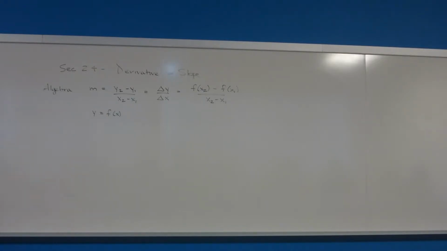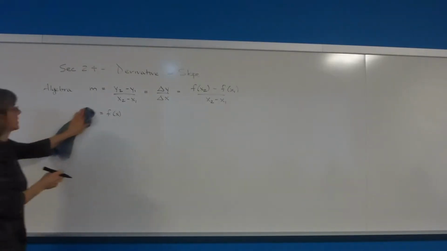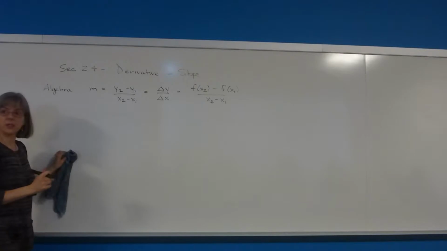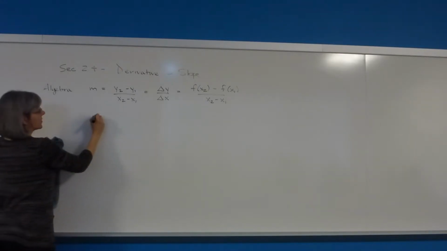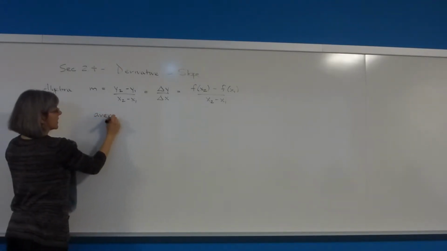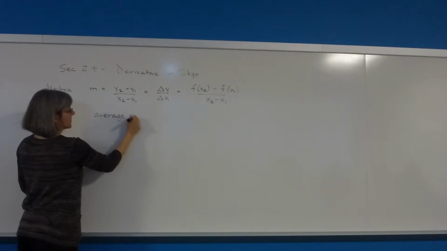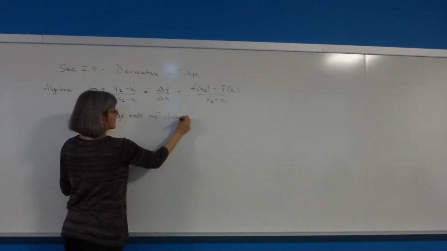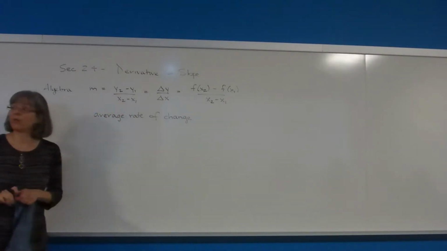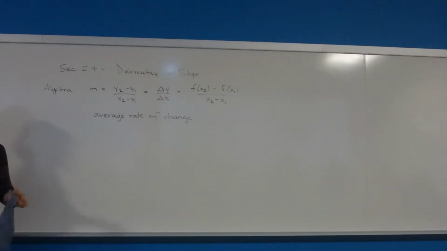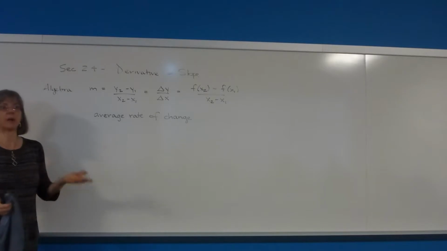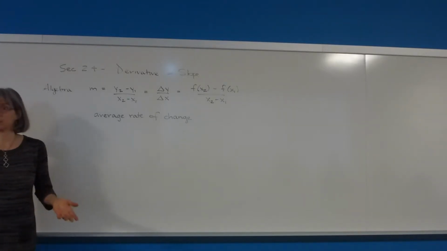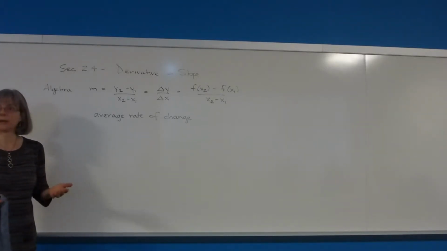Okay, so let me introduce some new language, though. We said that this is slope. This is also average rate of change. If you want to know how fast you're going on average when you take a car trip, you see how many miles you've gone in an hour or in 30 minutes, and you do the math.